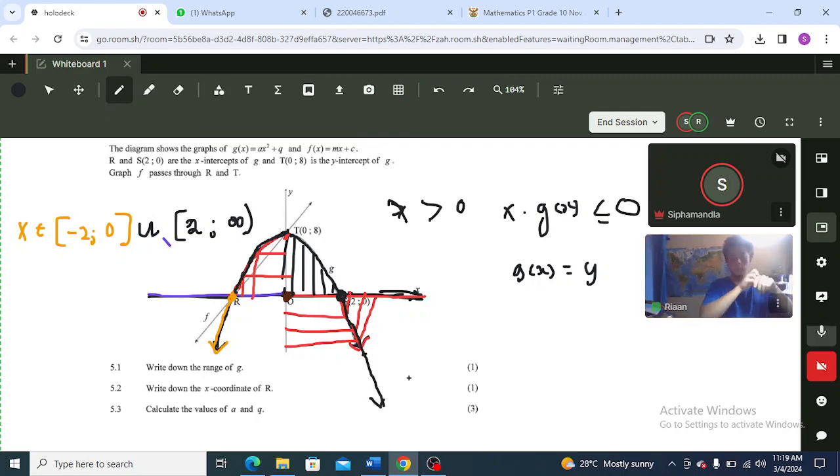I don't know where it would end, so it's to infinity. So your x belongs to the interval negative 2 to 0, union, square bracket, 2 to positive infinity, because I have the positive values of x from here to that point. Any question here? Sure, this makes sense.